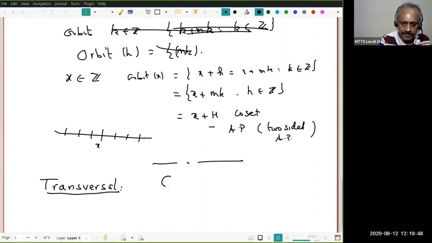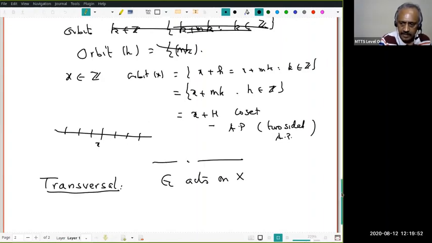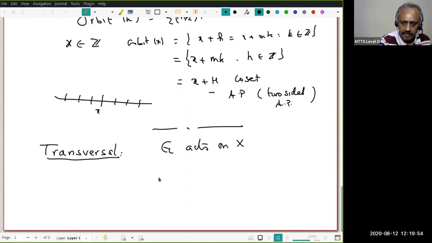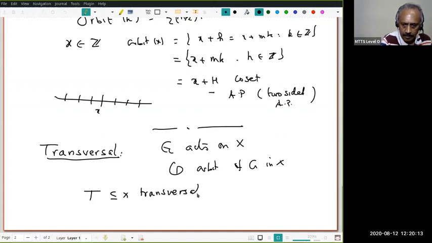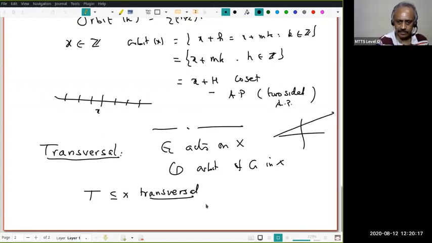Notice that if G acts on X, then let O be an orbit of G in X. This is a subset of X, right? So a transversal is a set, a subset T of X is a transversal. See, transverse meaning it's just going across. That's all it means.